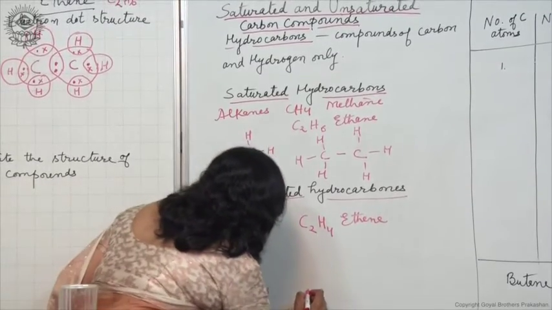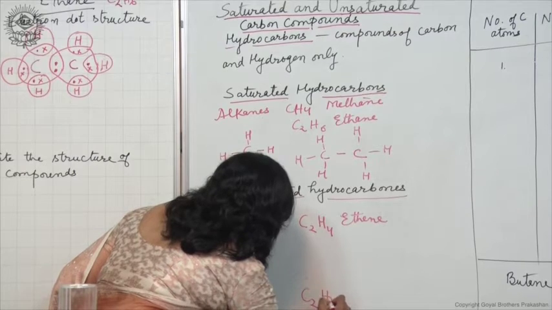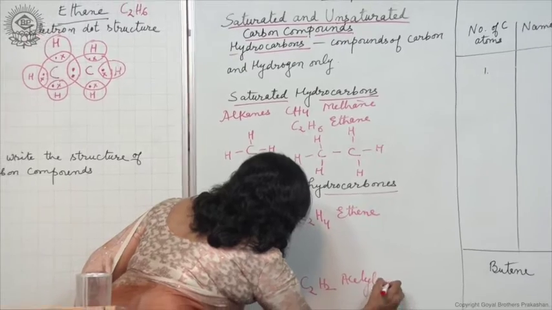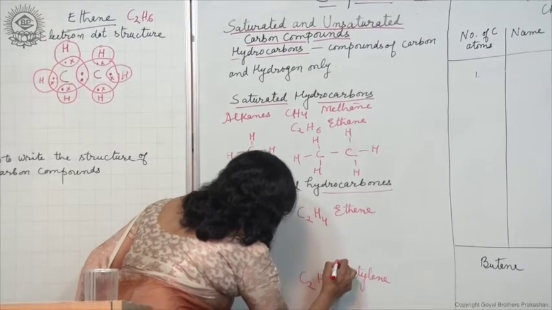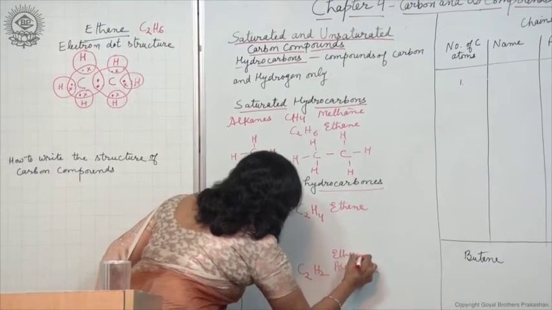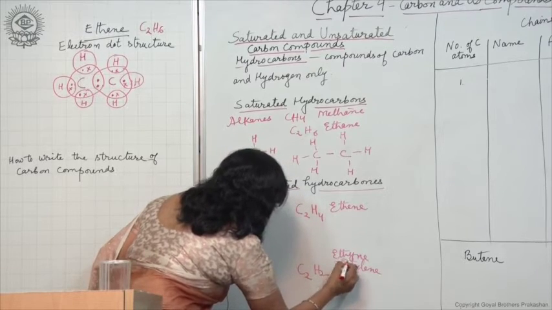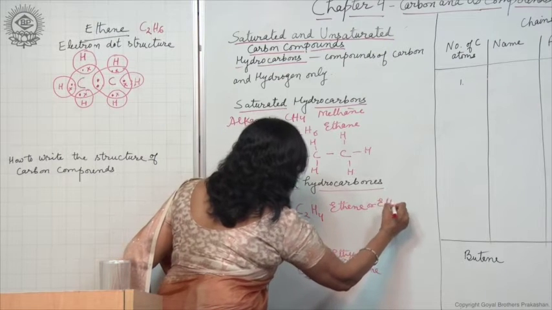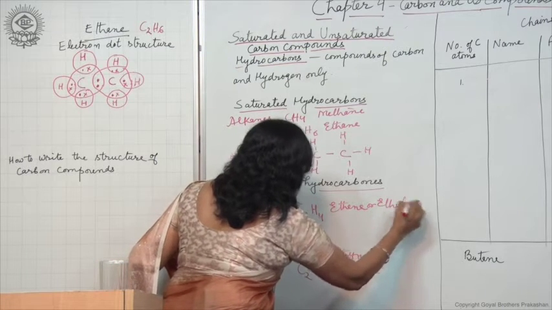Alkynes, C2H2, the first member is acetylene, which is a common name, and ethyne or ethine, both are the names. Here also there are two names, ethene or ethylene.